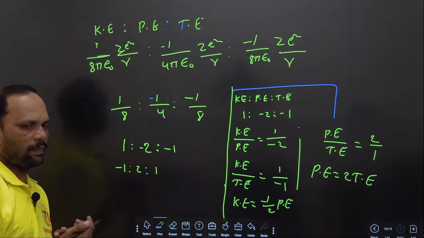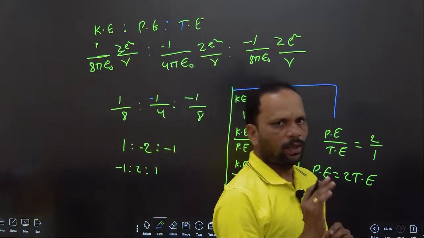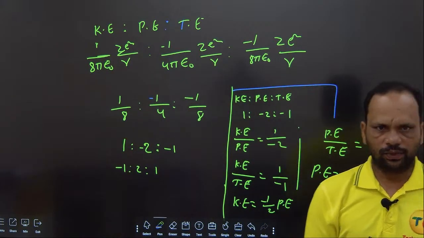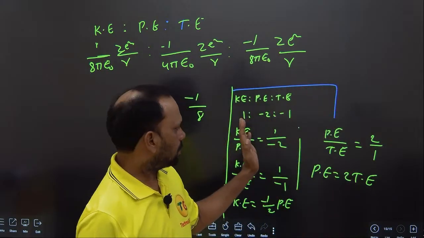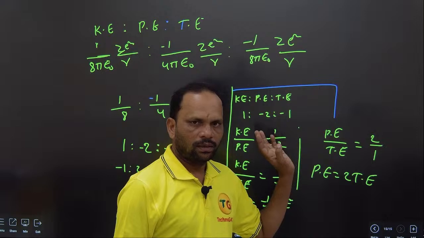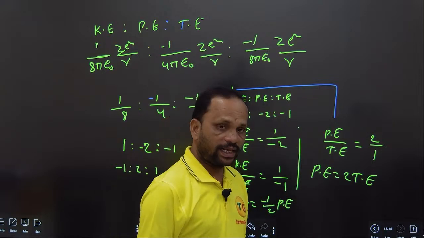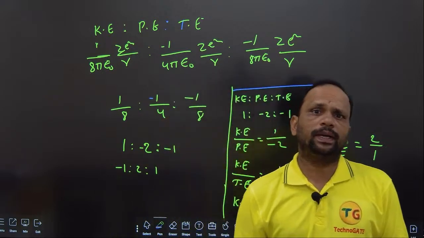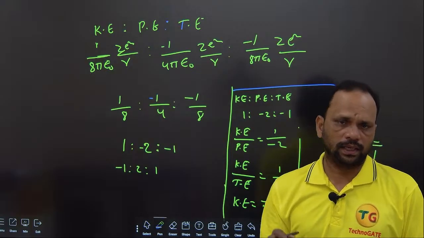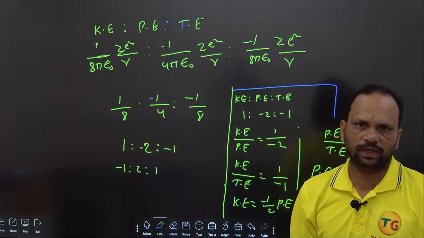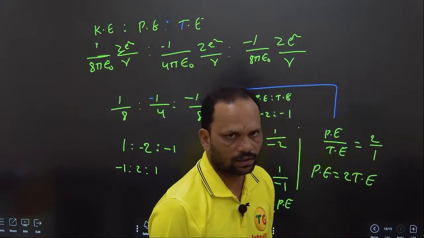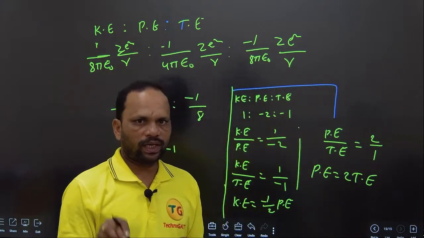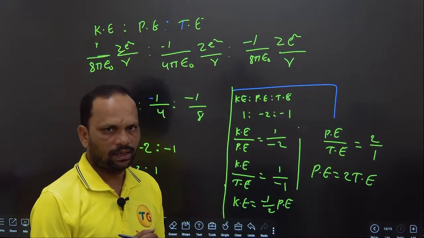So these are the basic ratios between potential energy, kinetic energy and total energy. In this video we have discussed the radius of the orbit in which the electron rotates around the nucleus, the velocity of the electron, and the kinetic, potential and total energy of the electron.